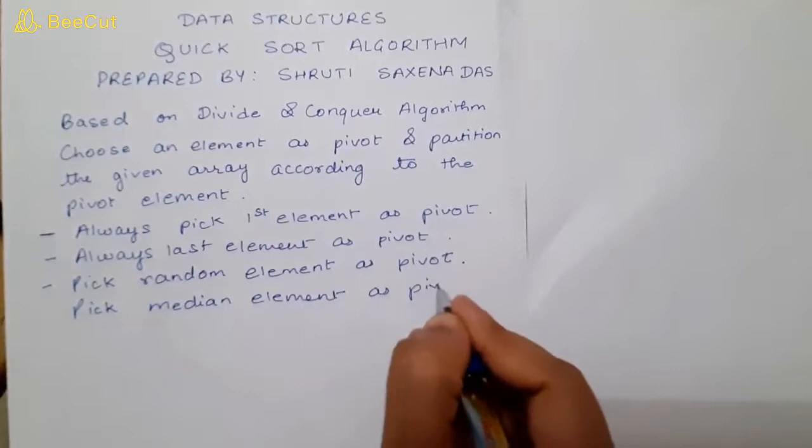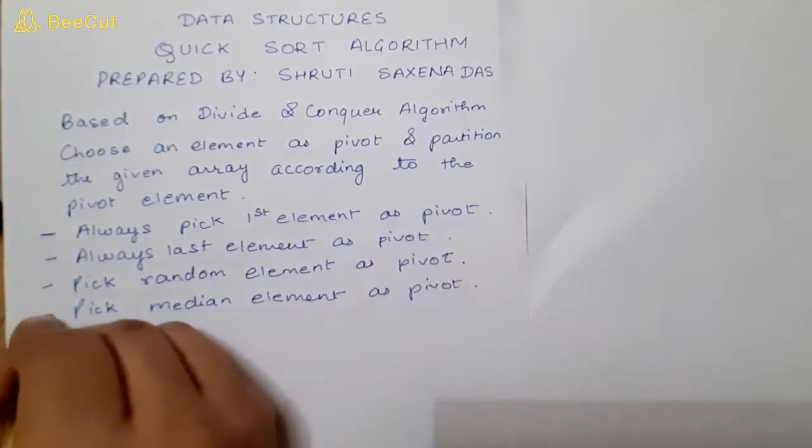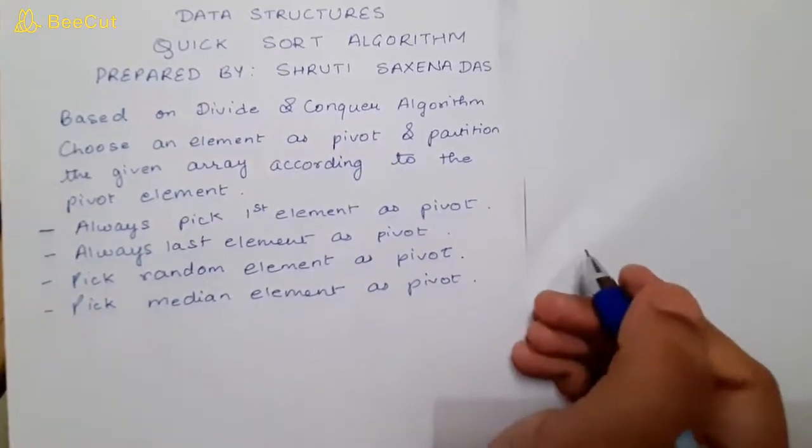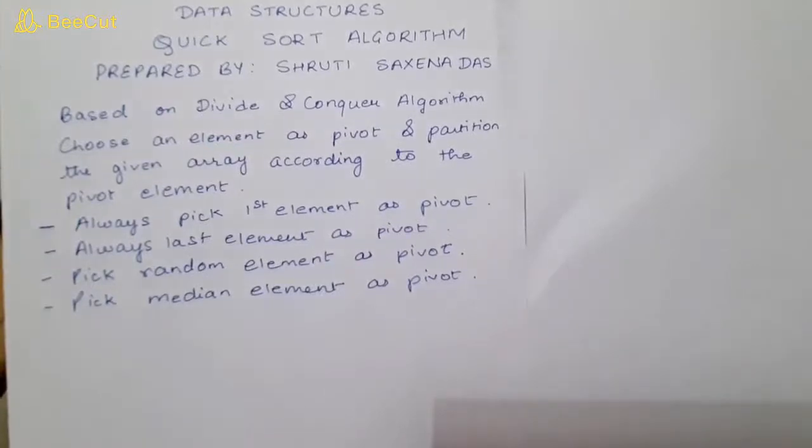It depends, whatever you want you can take, and your code should be according to that. In our algorithm we are going to take the first element as the pivot element. So we'll start with the algorithm.